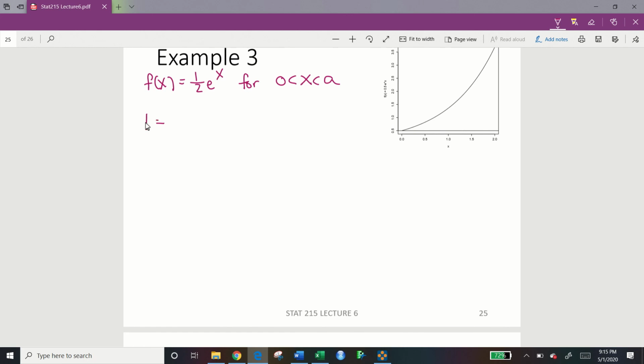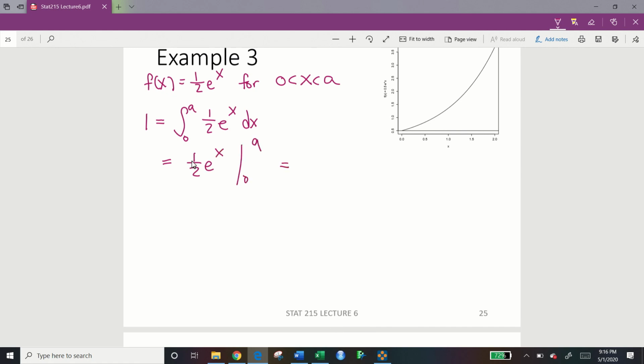So that means 1 must equal the integral of 1/2 e to the x dx from 0 to a. Now it's just a matter of solving. So if we integrate, we have 1/2 e to the x from 0 to a.